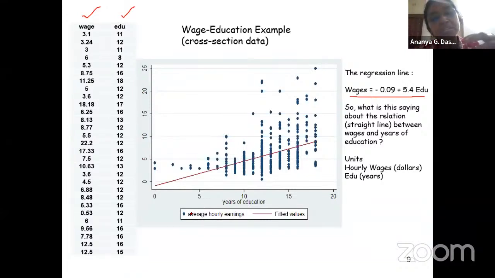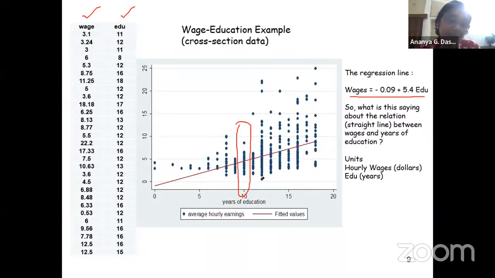Now, because wage is a discrete variable which takes certain whole number values, therefore you can see the pattern of the scatter is slightly different from the earlier ones, okay? And so for instance, this gives you the wages that are earned by everybody in the sample who has about 10 years of education. And you can see that it's not just 1 point.